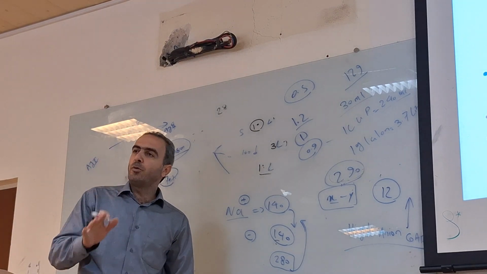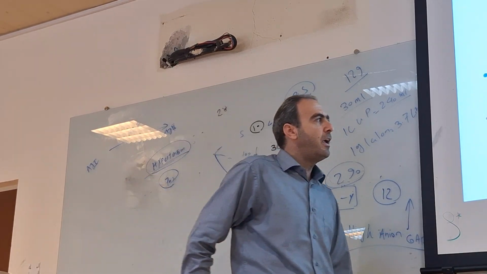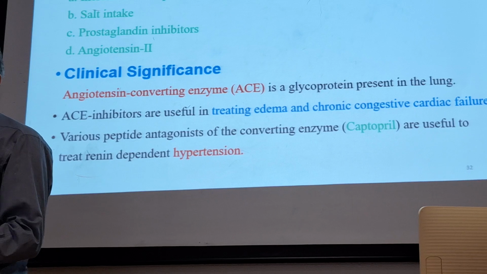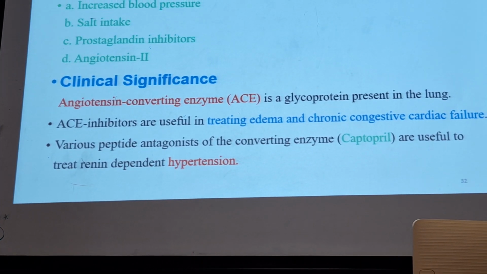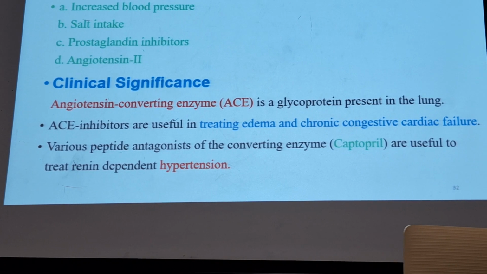One of the main important drug families for hypertension includes captopril, enalapril, and others, all of which are ACE inhibitors.